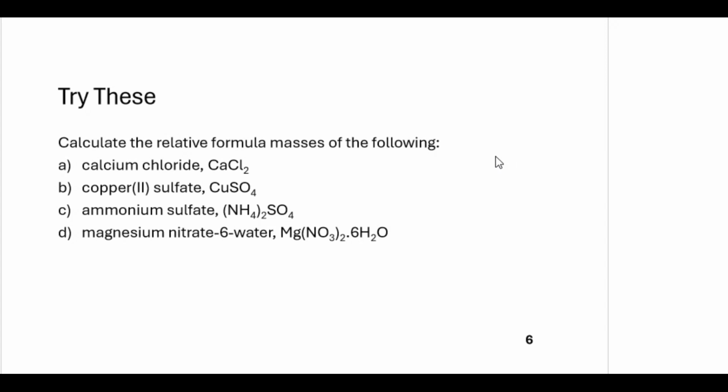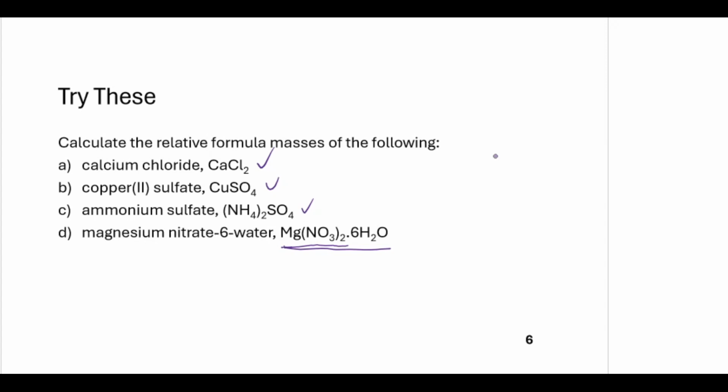I want you to try them. Questions A, B, and C are not that difficult. But when you see something like this dot here, what you're going to do is calculate the relative formula mass of magnesium nitrate, and then calculate that of water.